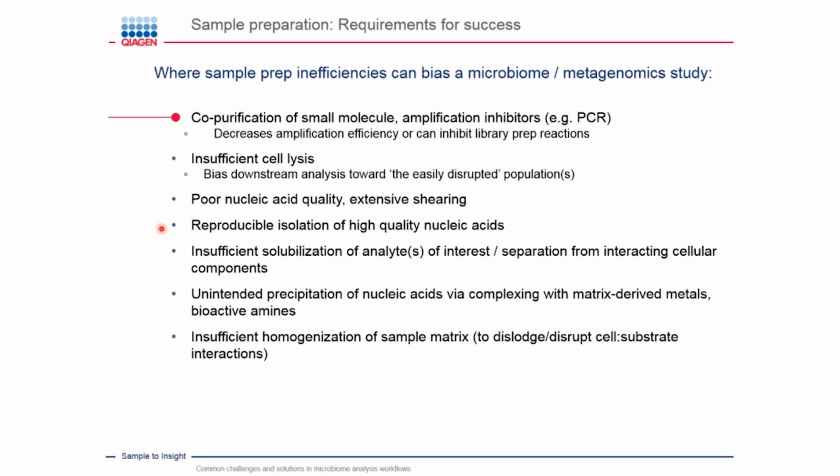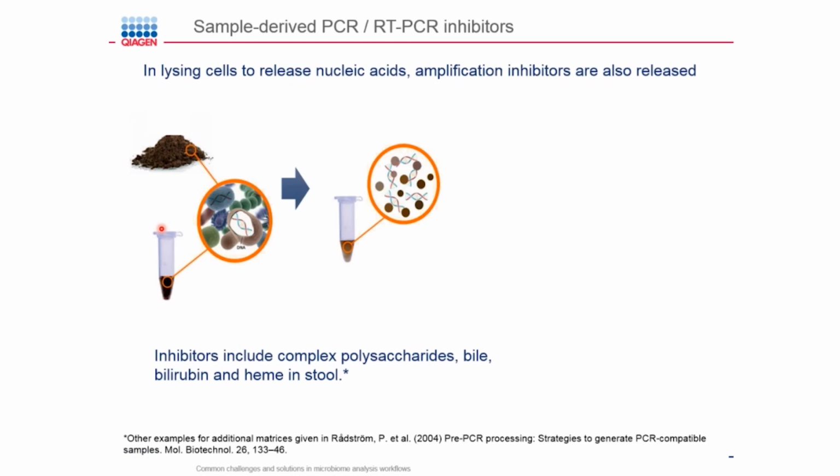What is the source of PCR inhibitors? A lot of microbiome studies are working with soil samples or stool samples or other really complex matrices containing bacterial DNA. In soil samples, for example, you can have humic acids. Humic acids are known to bind directly on the PCR enzymes and by this inhibit the Taq polymerase.